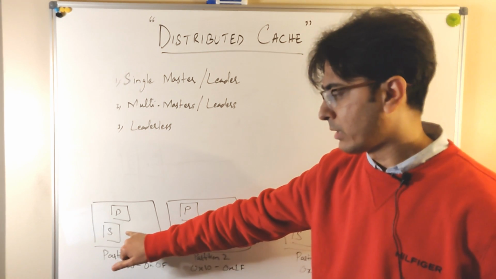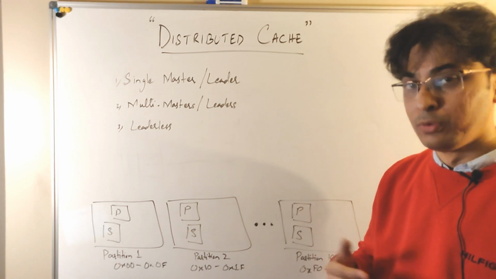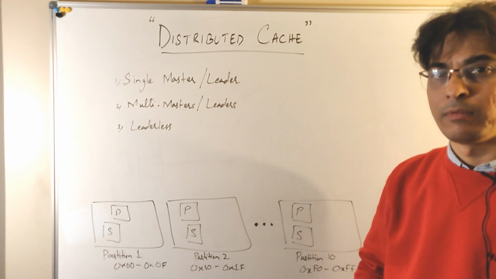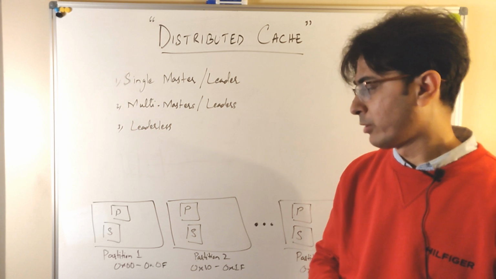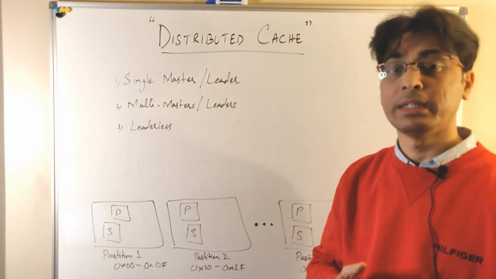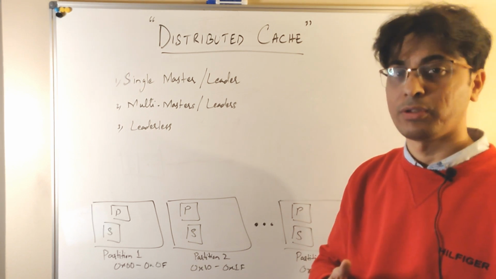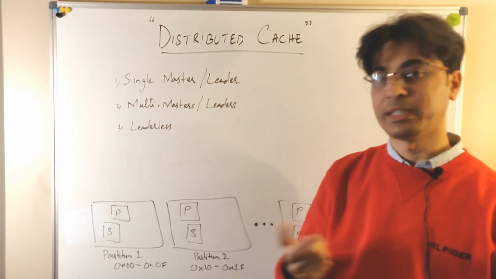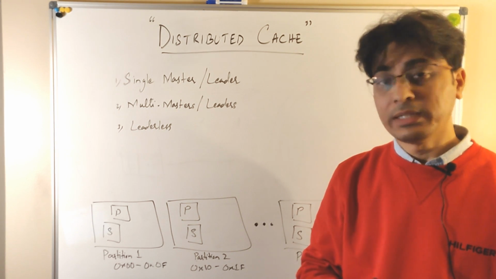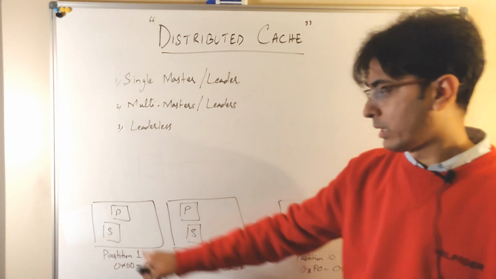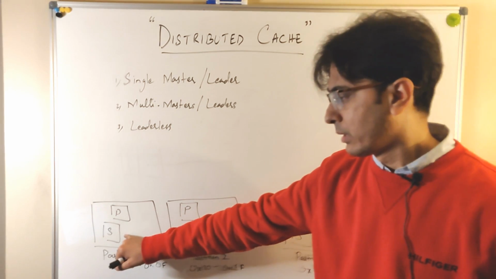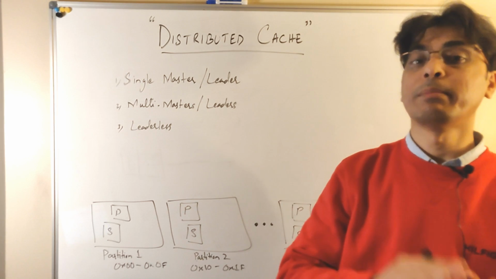It means that the secondary replica will actually lose some writes to the cache in this partition. What would be the side effect in that case? The side effect would be, when you try to access the data, it will not be present in the cache, so it will result in a cache miss, which will then cause your application servers to go and retrieve the data from the data store. So when the data is being copied to the secondary in an asynchronous manner, this secondary replica is in standby mode.